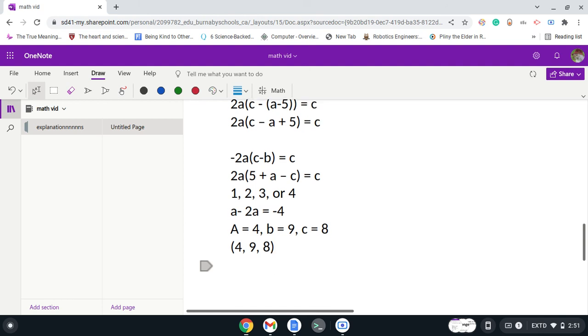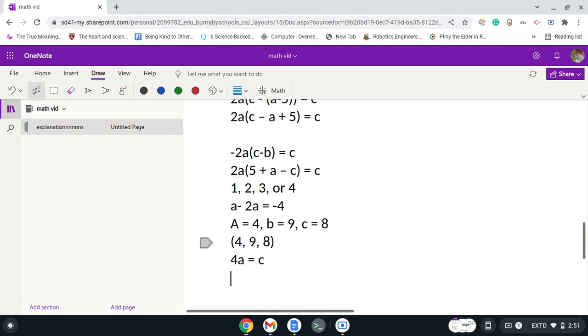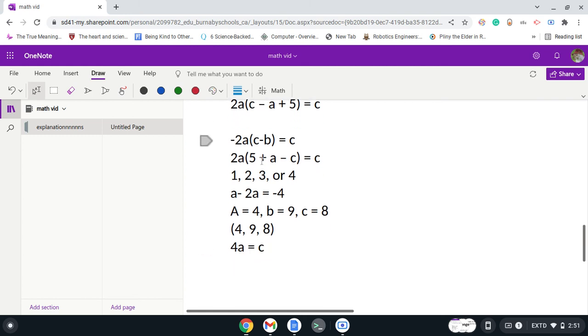And if 5 plus A minus C is equal to 2, we would have 4A is equal to C. And we have 5 plus A minus C is equal to 2, so A minus C is equal to negative 3.